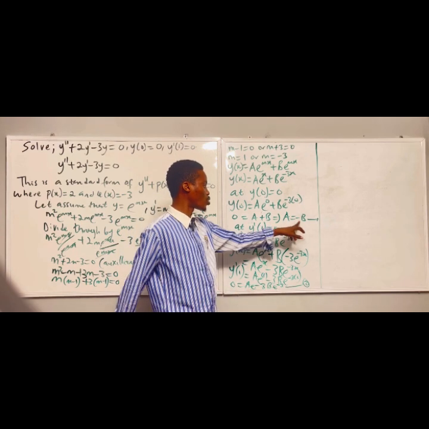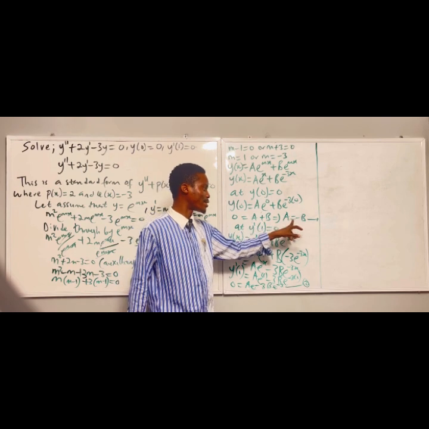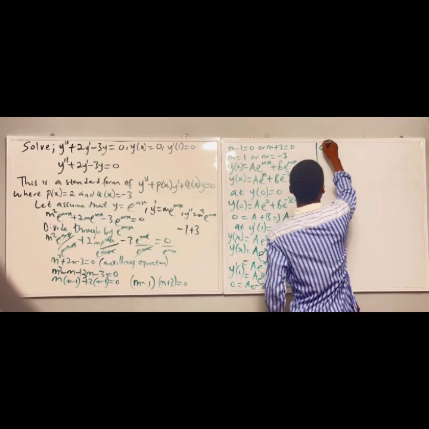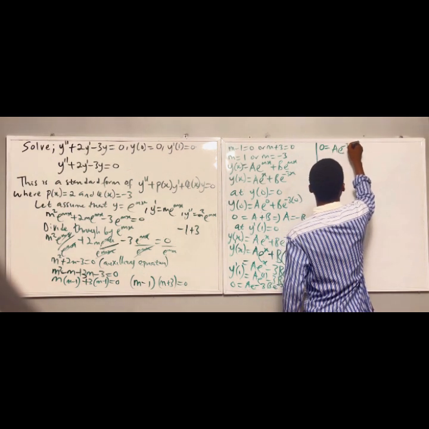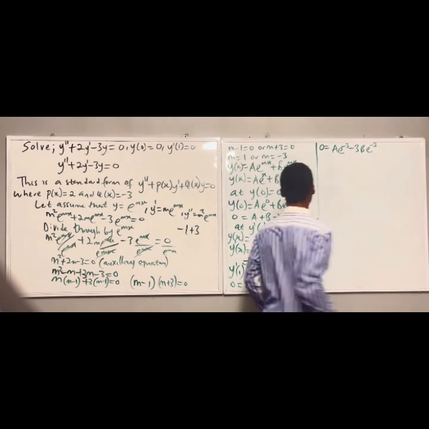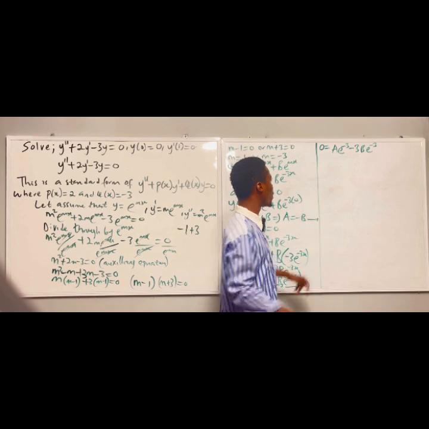So since equation 1 is a is equal to minus b, whenever I see a, I put minus b in equation 2. So I'm going to have 0 is equal to a exponential minus 3 minus 3b exponential minus 3. I will now substitute when a is minus b. So whenever I see a, I put minus b.